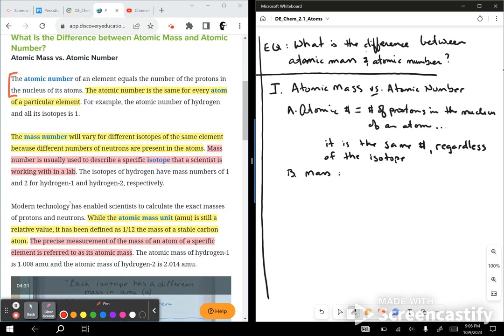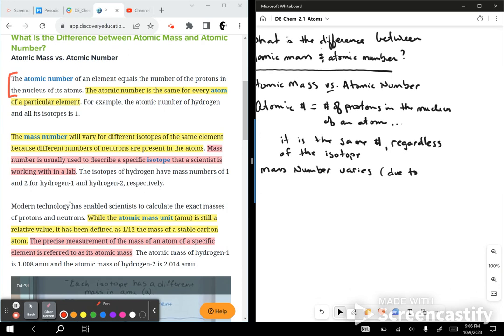Mass number varies due to varying numbers of neutrons, right?